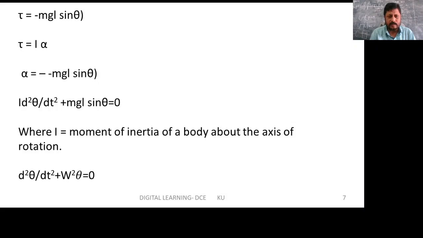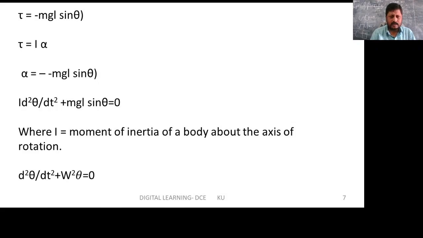Then the torque is given by mgl sine theta, and also torque is given by another formula, tau equals I alpha. Comparing the two equations, we get alpha equals minus mgl sine theta by I.